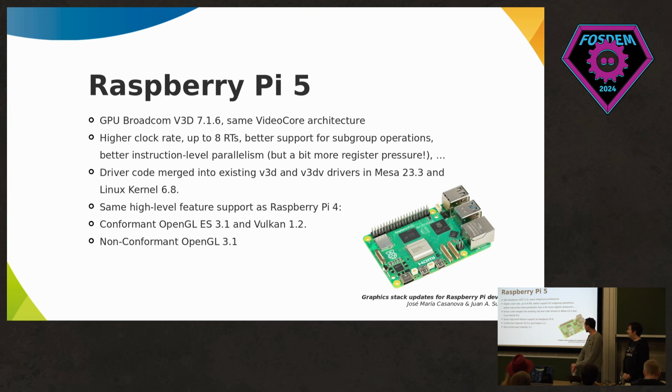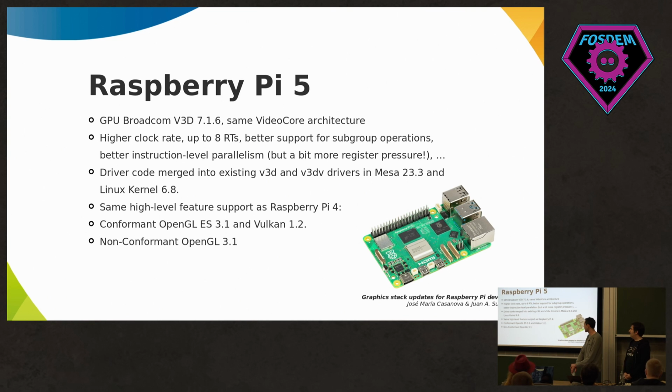This support is integrated in the V3D drivers, and it was submitted for review almost the same day the Raspberry Pi 5 was announced. Now it's released in Mesa 23.3, and it requires kernel 6.8.